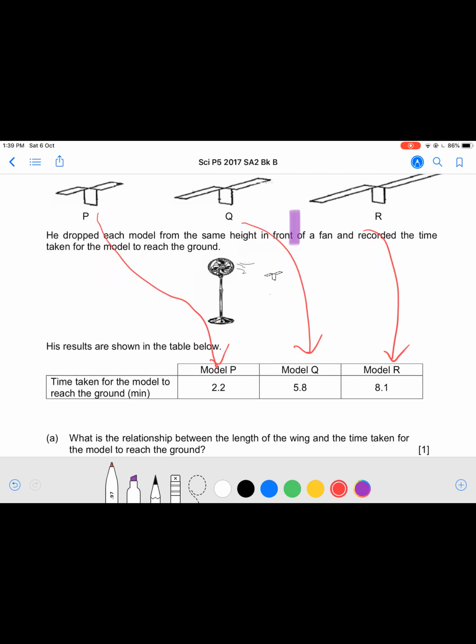So explain the relationship, cause and effect again. So the cause would be the longer the length of the wing, the more time taken for the model to reach the ground.